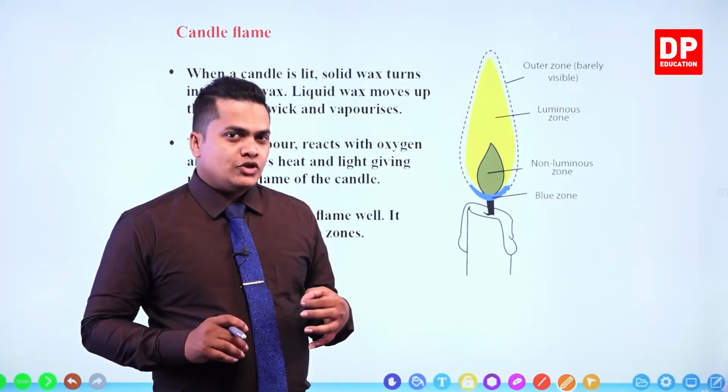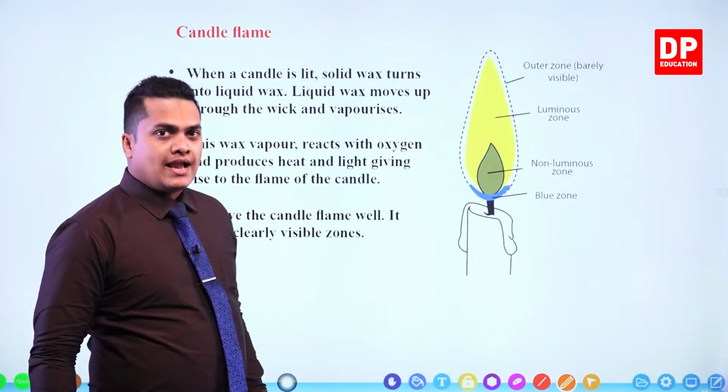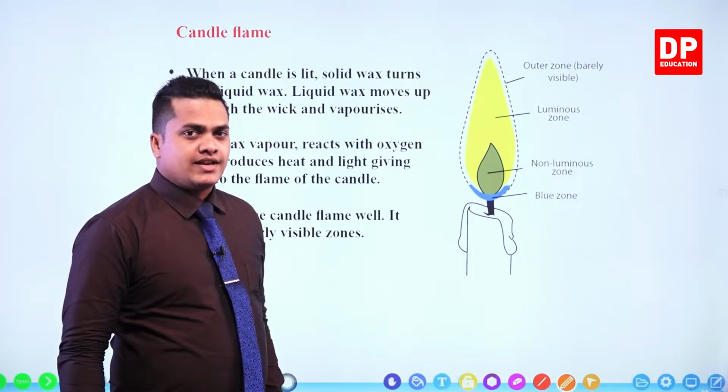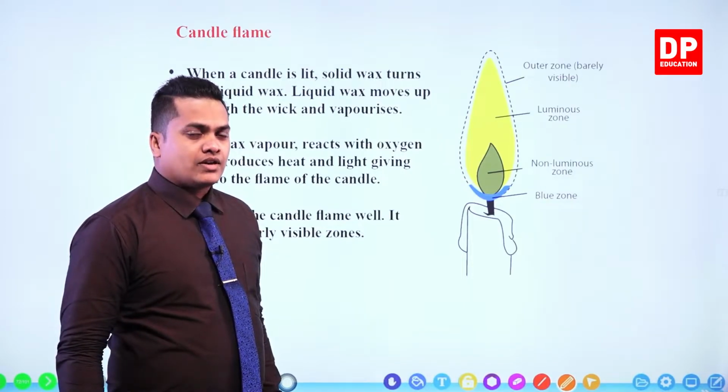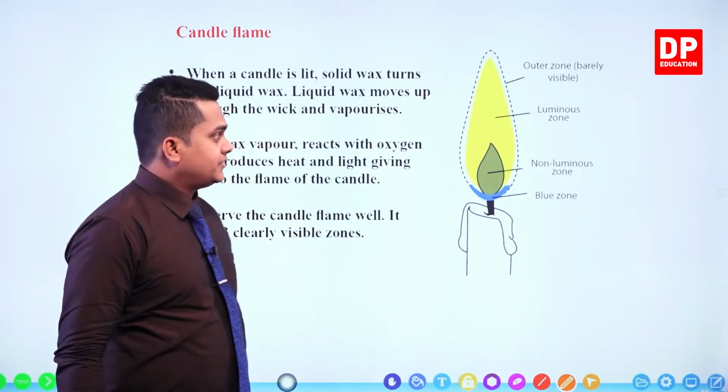First of all, you are given a candle flame, and here we are discussing the areas related to a candle flame and what kinds of things are contained in those areas.